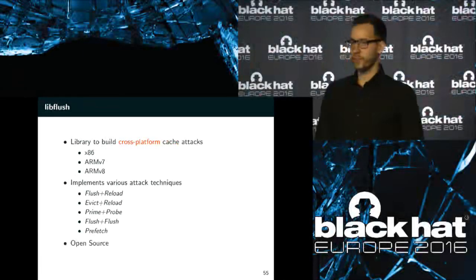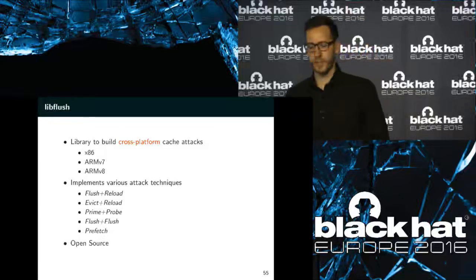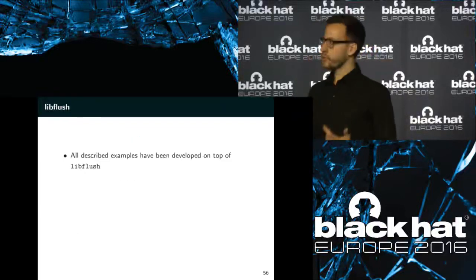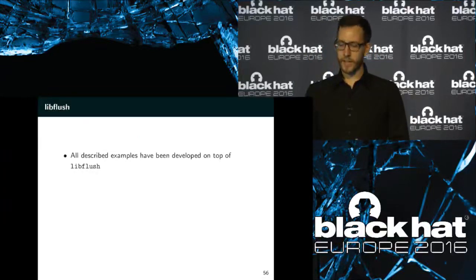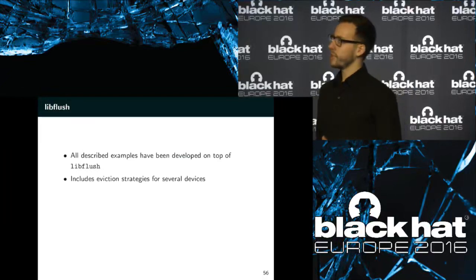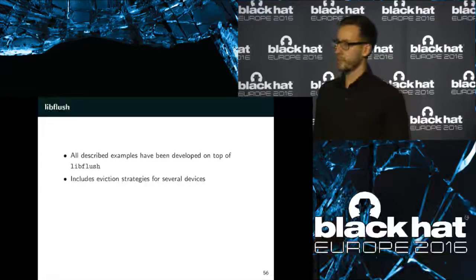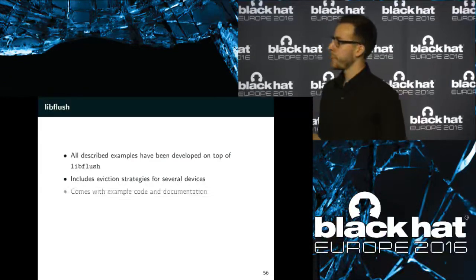It's open source, and you can download it online. All the described examples that we have shown you today have been developed on top of this library. We also include eviction strategies for the devices that we have used, so you can go and try the code yourself if you have the same device.